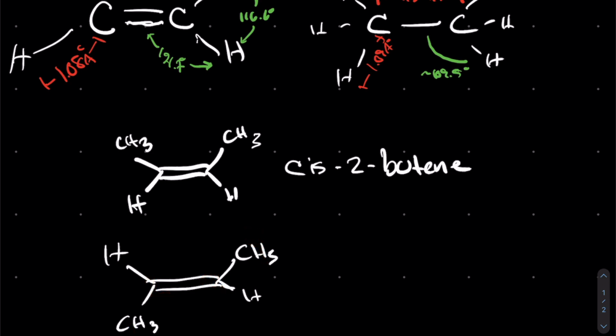And that was coming off the second carbon. The only thing that actually changed here is that now these are on opposite sides of each other, and that would make it trans.